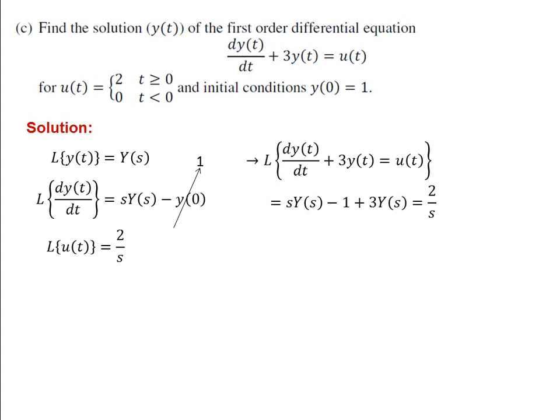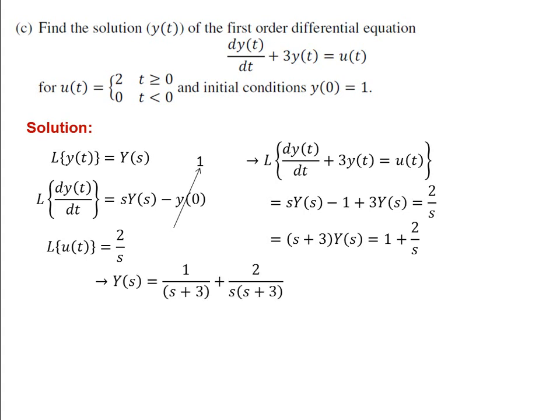If I reshape the relation and factor out Y(s), I have (s plus 3) Y(s) equal to 1 plus 2 over s. So Y(s) is equal to 1 over s plus 3 plus 2 over s(s plus 3). As you see here, the Laplace transform of the response is composed of two fractions.